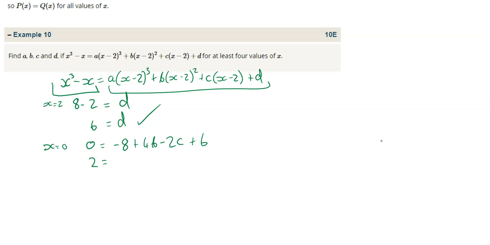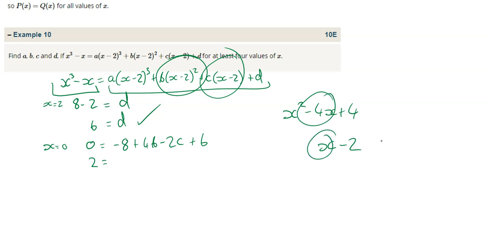Yes? Okay. If I expand this, I've got x squared minus 4x plus 4. If I expanded that, yeah? That's going to have an impact on this third term, this c, which is x minus 2. Well, I've got negative 4x and I've got an x there. They come together, that's negative 3x, but it's also going to be affected by the first one and whatever the x values are in there, plusing and minusing.